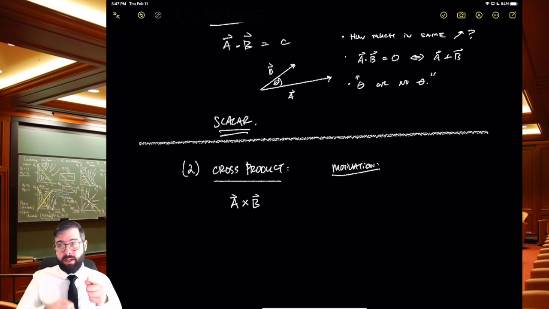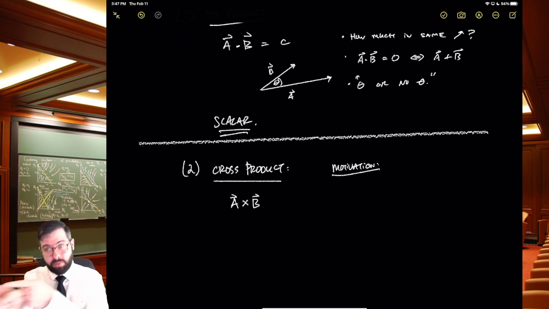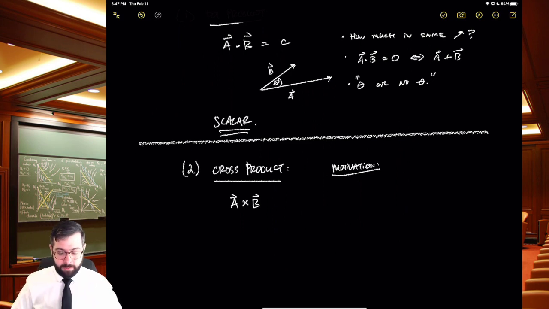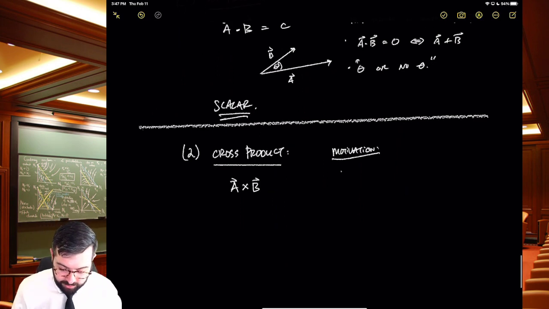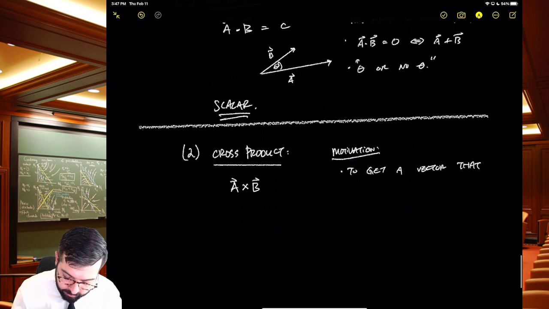So the wrench is 90 degrees to the thing that you're turning, but the thing you're turning is really being forced in that orthogonal direction. So the motivation is to get a vector that is orthogonal to both A and B.